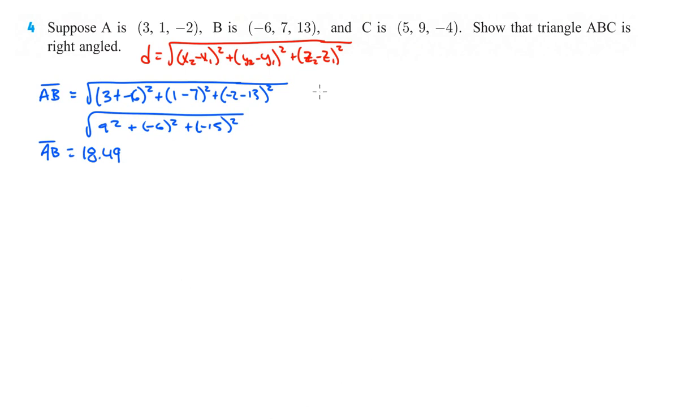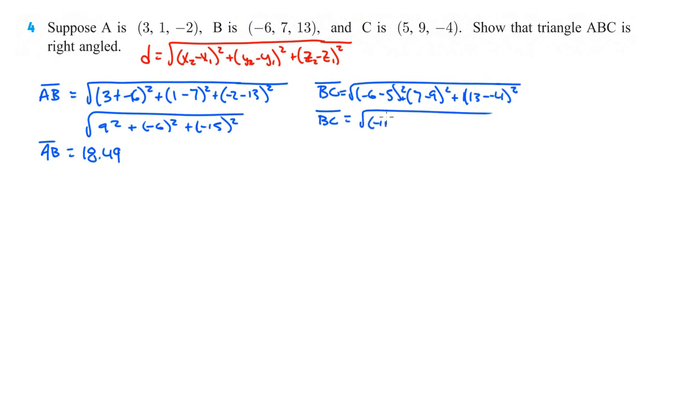Okay, and then now we're going to do, let's say, BC. So from B to C, we'll do negative 6 minus 5 squared, 7 minus 9 squared, and these are added together, and 13 minus negative 4 squared. Right? So BC is going to be negative 11 squared plus negative 2 squared plus 17 squared.